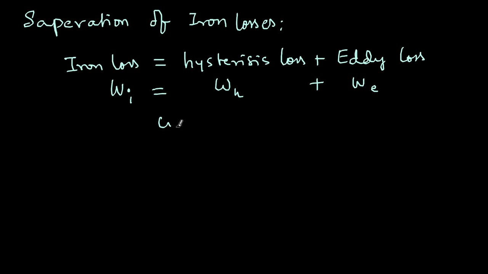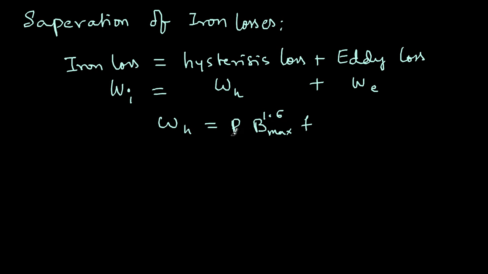It is found experimentally that WH is equal to some coefficient P into B max to the power of 1.6 into F. So the hysteresis loss is proportional to frequency, and proportional to the maximum flux density raised to the power 1.6.